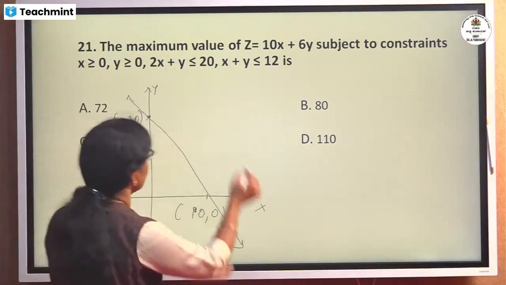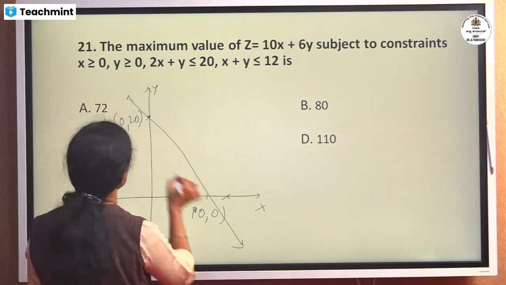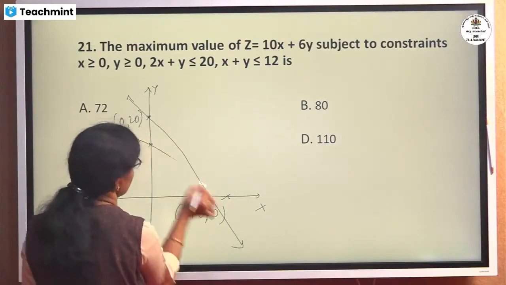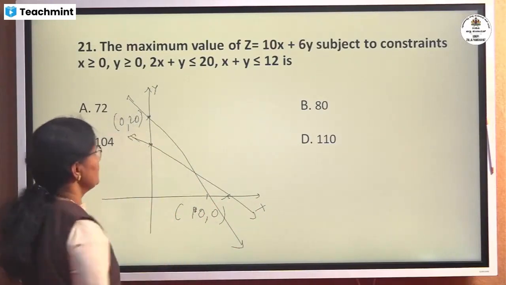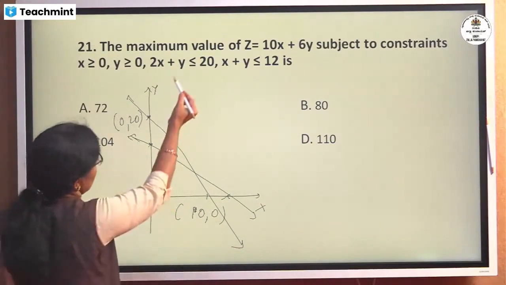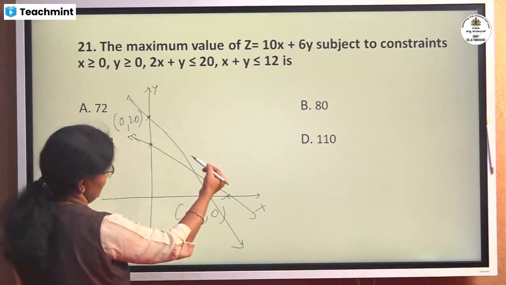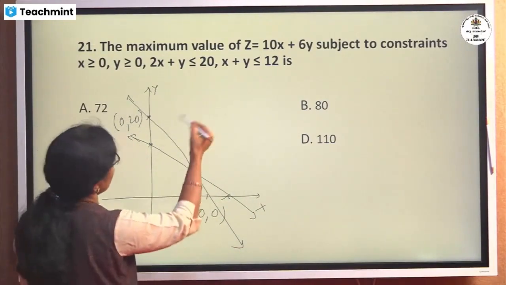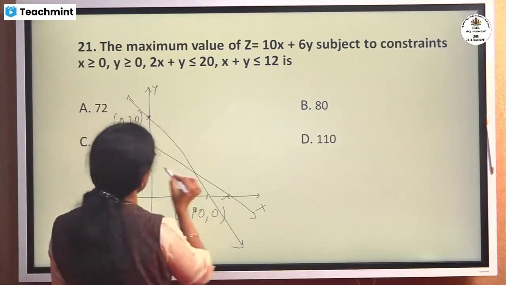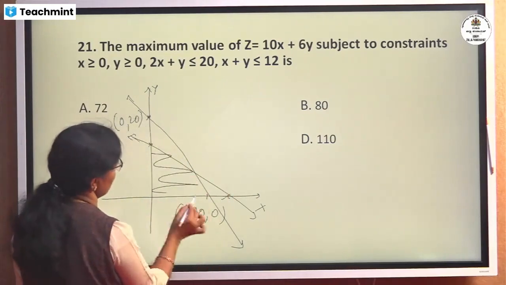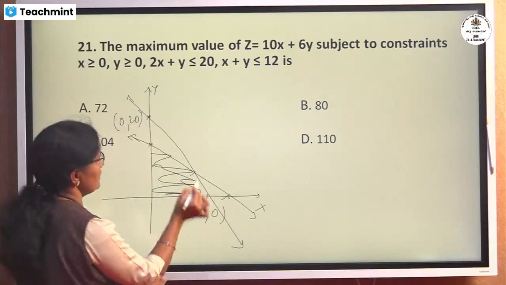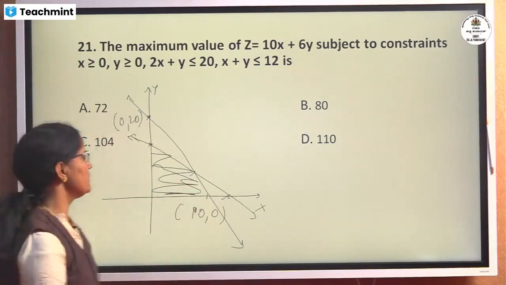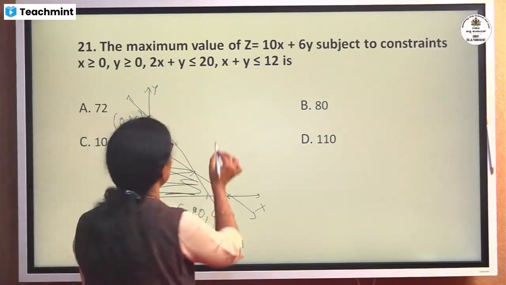Okay. So x plus y is 12. Here it is 12 and here it is 12. This is another line for the next inequality. For this equation, origin verification is true, and for this equation also origin verification is true. Therefore, this is the feasible region here. Therefore, you want the point of intersection. Otherwise, you can't calculate.